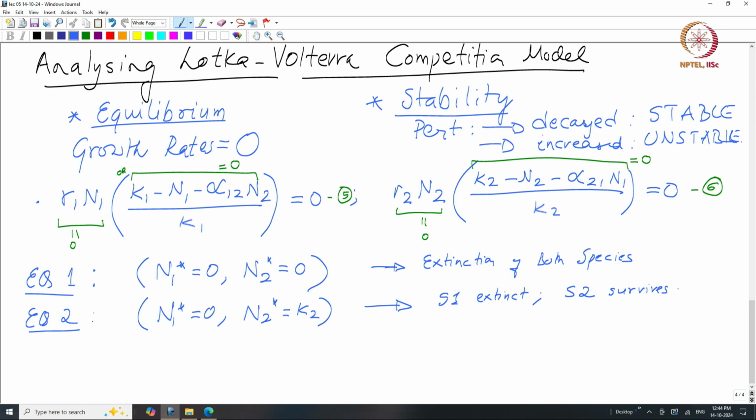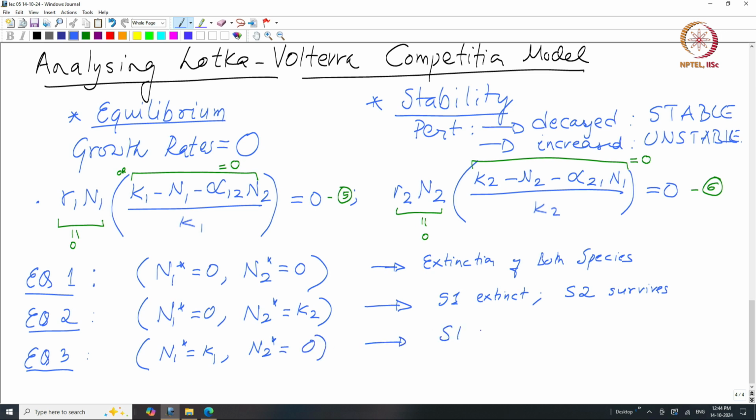Now, one can easily guess the third equilibrium, which would be sort of the inverse of the second equilibrium, where n1 is at its carrying capacity K1, whereas n2 will be extinct.